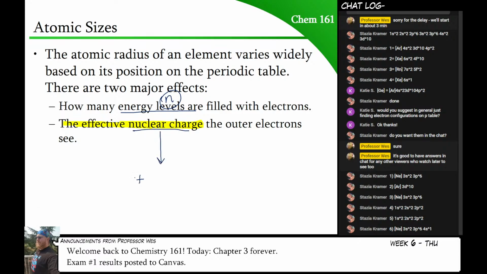This is the positive charge from the nucleus. And so you would say, okay, well, how many protons are in the nucleus? That would be Z, right? Remember when we were writing isotopes for things? We'd write Z and A. Z is the number of protons. It's the atomic number.